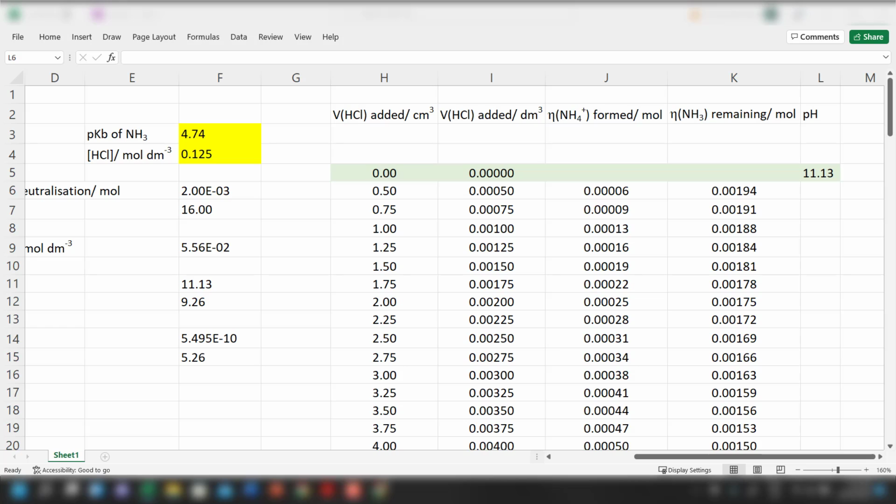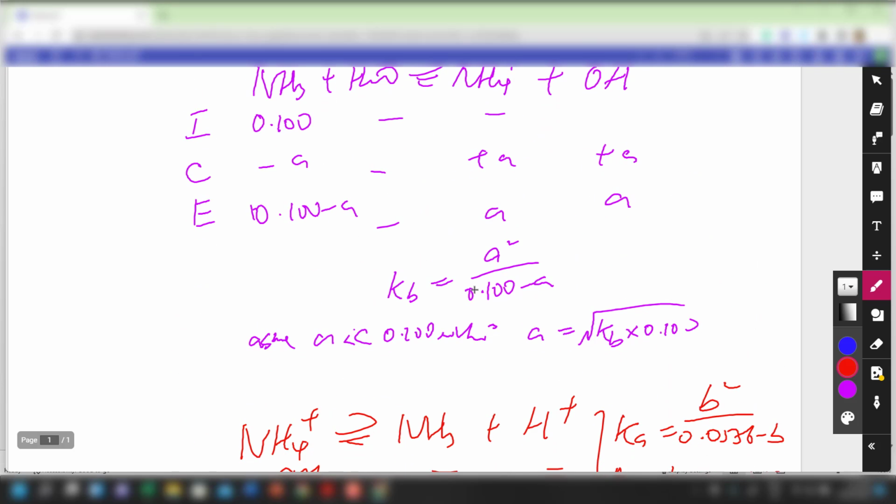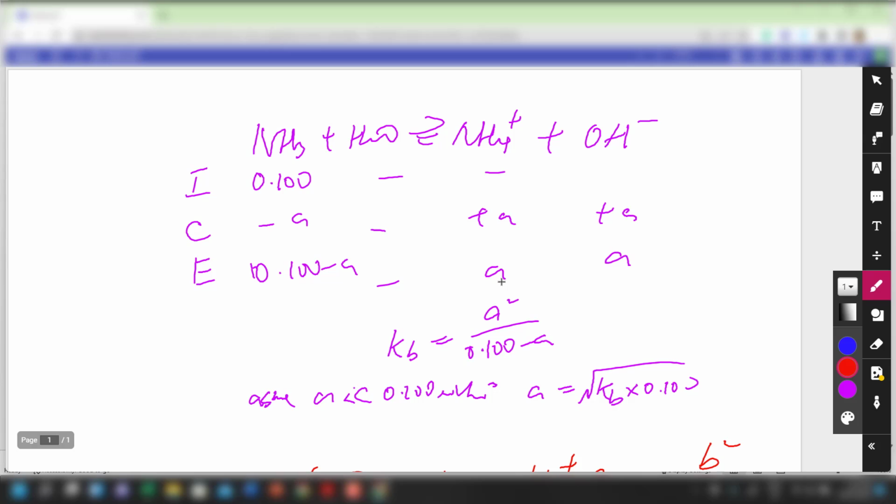Then the next thing I'm going to do is to determine the pH. Essentially it will be similar, because I need the ratio of ammonia to ammonium. Basically for KB here, KB essentially is the concentration of ammonium multiplied by concentration of OH minus divided by the concentration of ammonia.